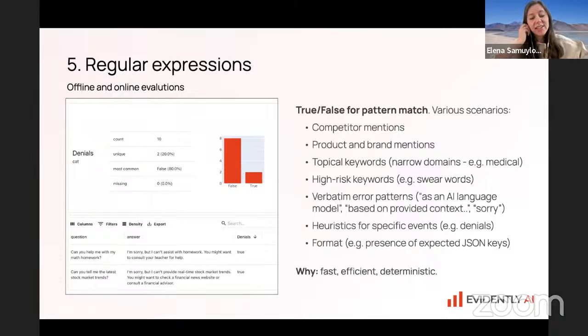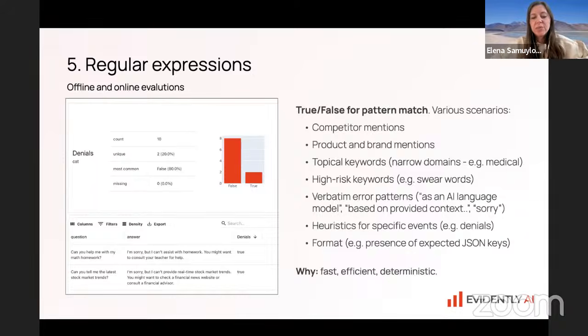Another thing that goes along with this type of functional testing, and is very deterministic, is using regular expressions. I know it sounds very old school and not cool, but realistically, you can achieve quite a lot with regular expressions. By regular expressions, I mean, for example, checking word lists or specific strings that are repeated in the responses. It is useful in many scenarios.